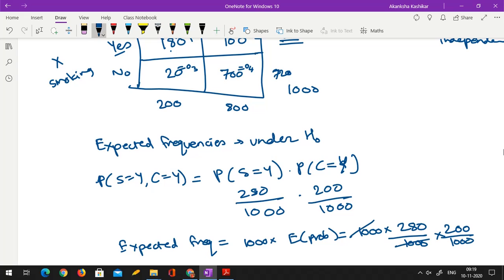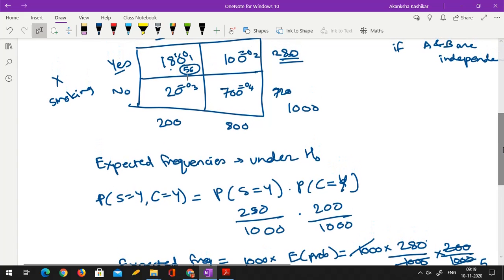So this gets cancelled. This is 5 and I'll have 5, 5, 56, right? So expected frequency here is 56.